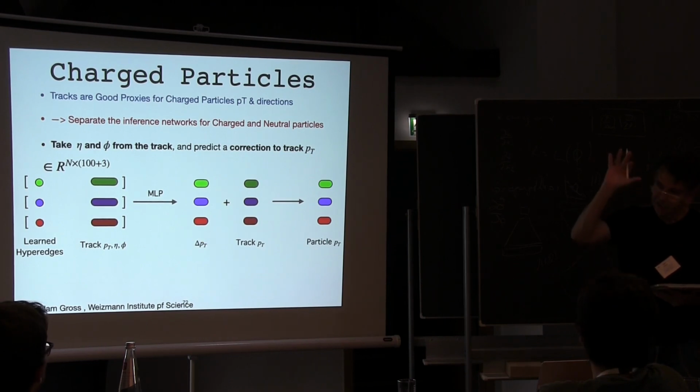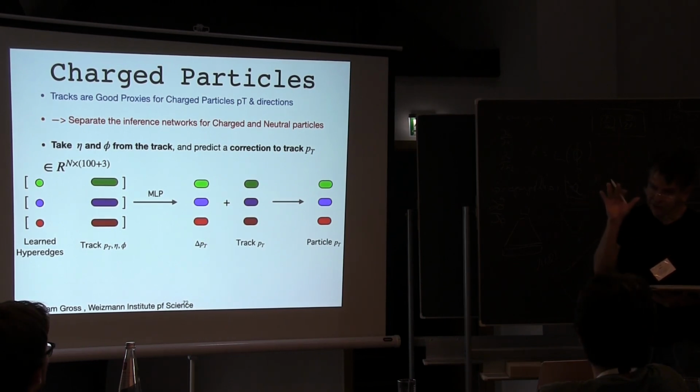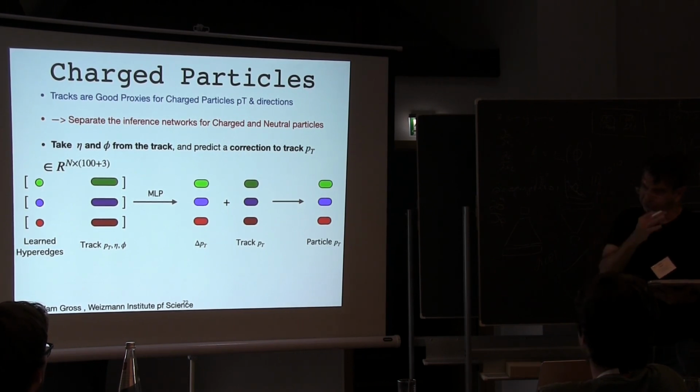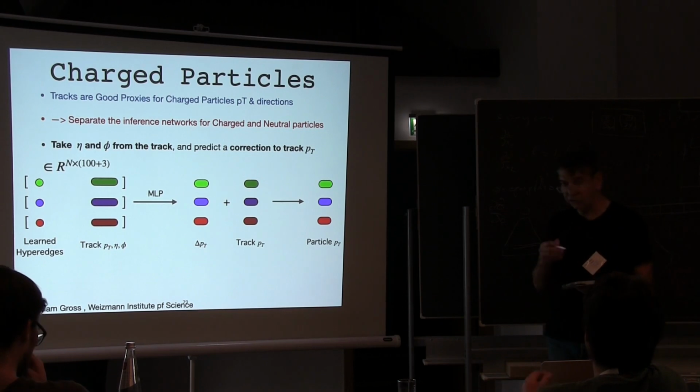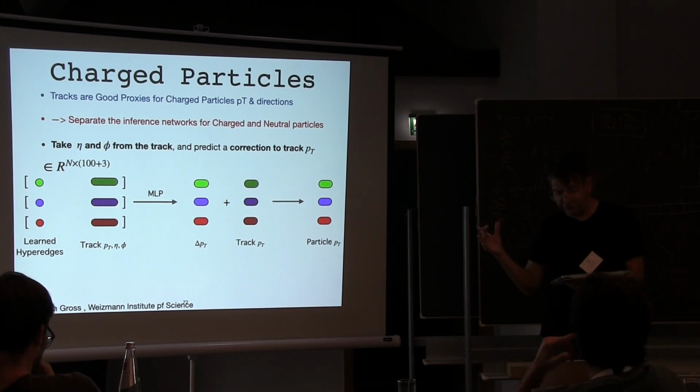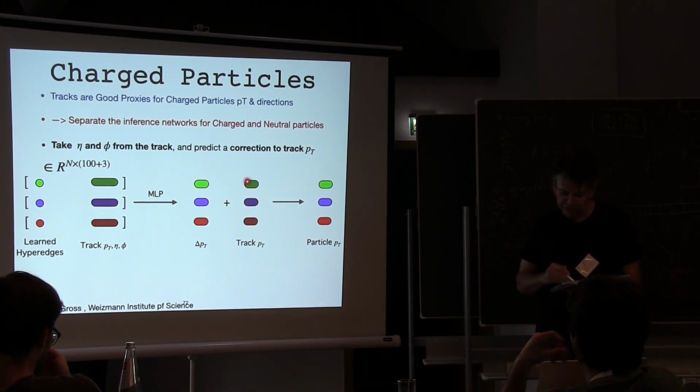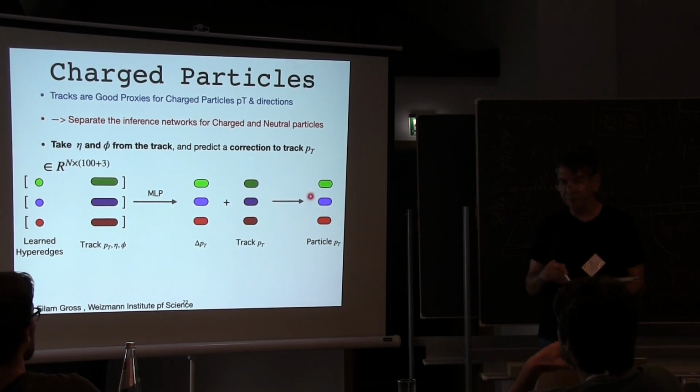It's sort of the idea of a residual, okay? We think we have a good proxy of PT, so let's help it, okay? We give it the proxy for the PT and predict only the delta PT. Once we predict the delta PT, which turned out to be better than predicting the whole PT, we add to it the track PT and we get the particle PT.